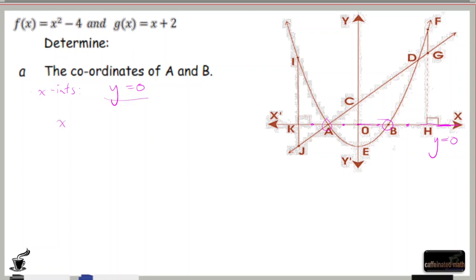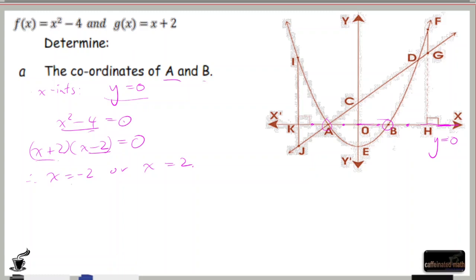So we are going to set x squared minus 4 equal to 0. We know how to factorize that. That's just the difference of squares. So that's x plus 2, x minus 2. Therefore, x is equal to negative 2, or x is equal to positive 2. Now that's not enough.